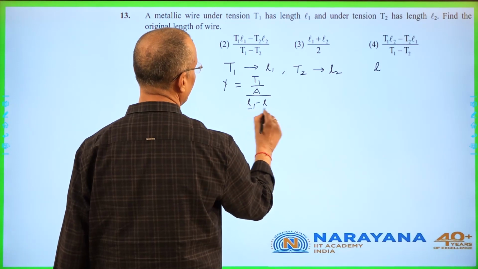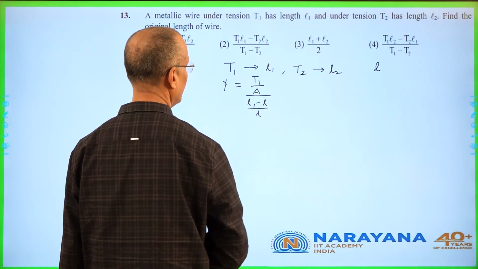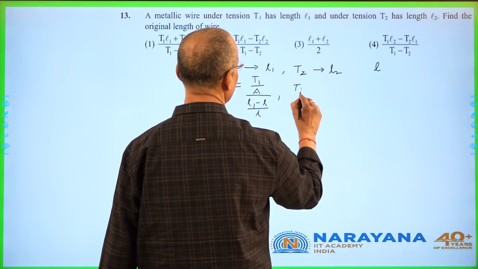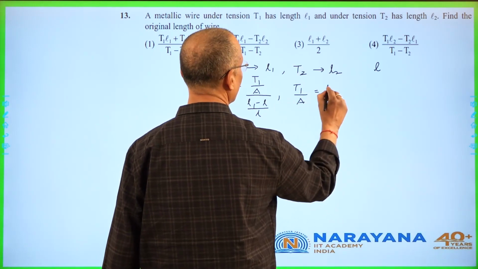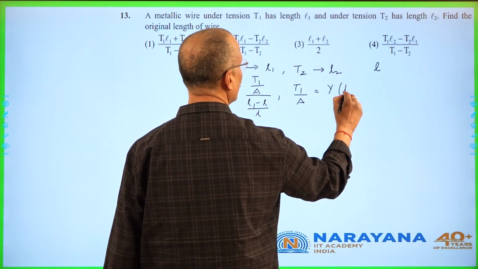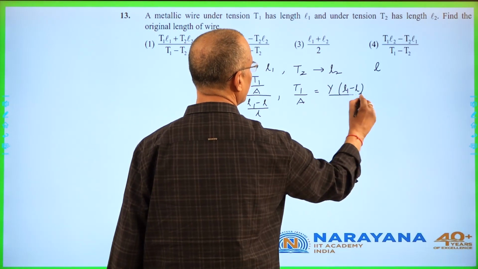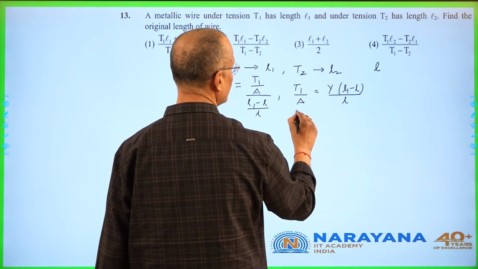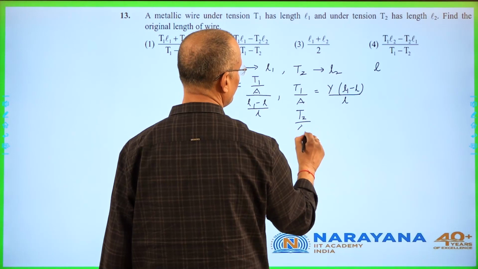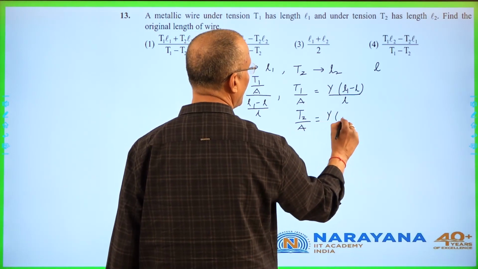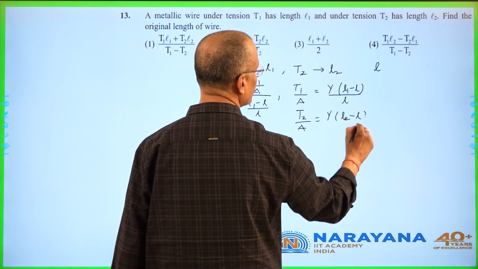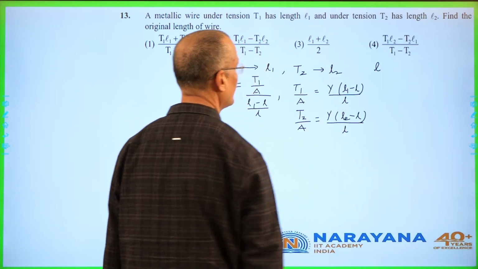So from here I am getting T1 by A equals Y times L1 minus L by L. Similarly, T2 by A equals Y times L2 minus L by L.